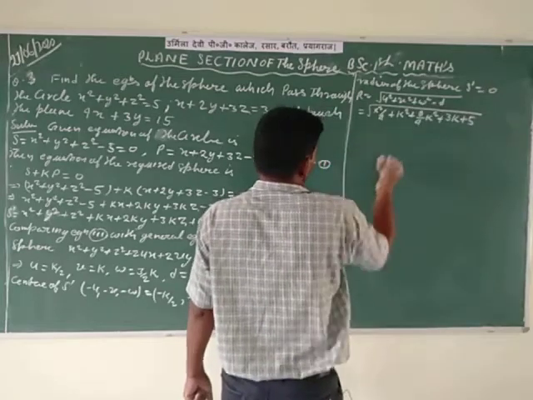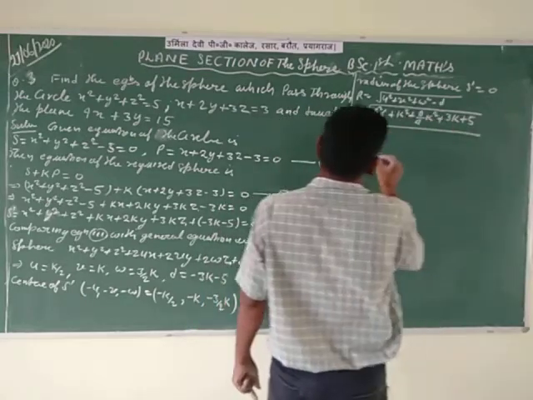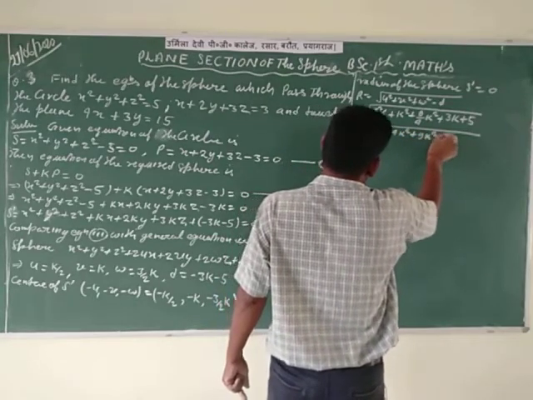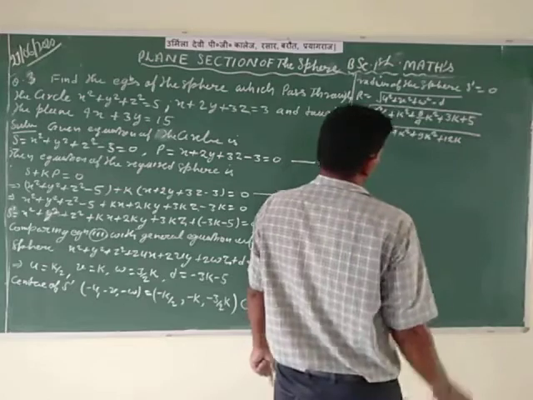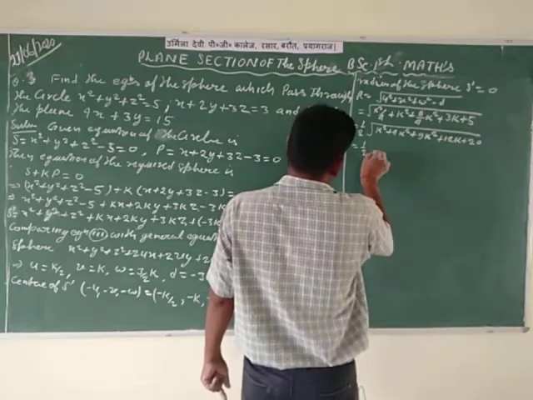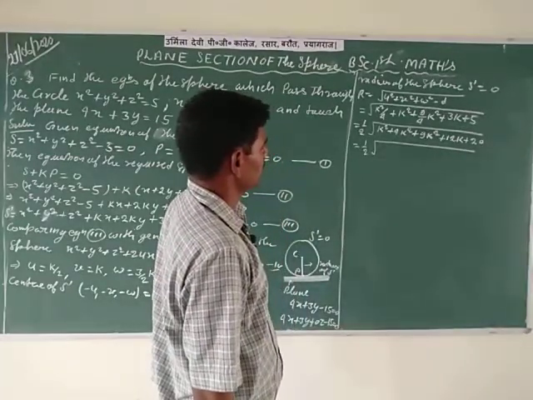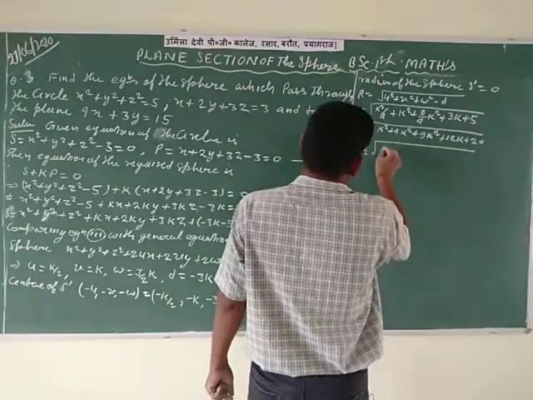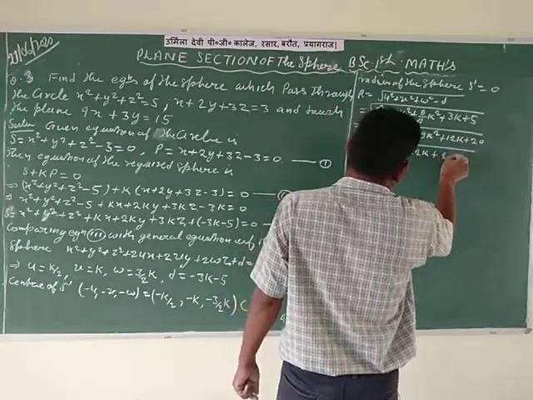After simplification, taking LCM 4 out of the under root, it is equal to 1/2 under root of k square plus 4k square plus 9k square plus 12k plus 20, which is 1/2 under root of 14k square plus 12k plus 20.